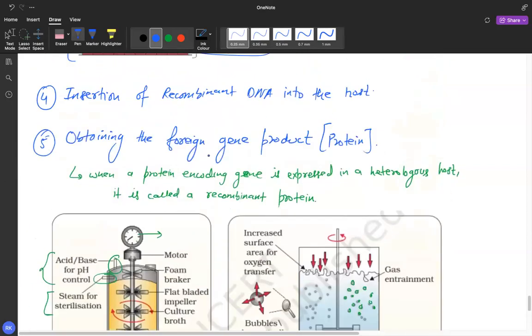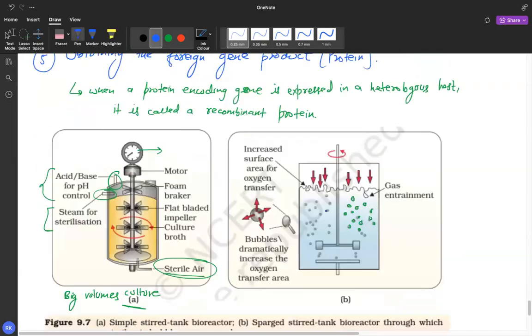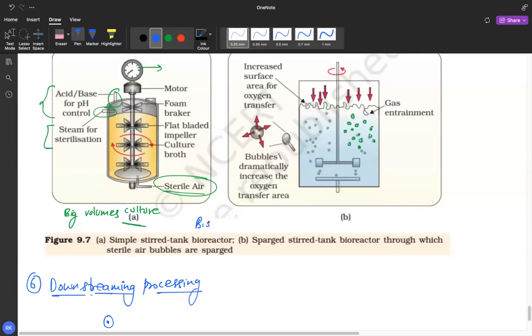This stage, obtaining the foreign gene product, is called the biosynthesis stage. Why biosynthesis? Because synthesis is happening. We are allowing them an environment where we can culture them.